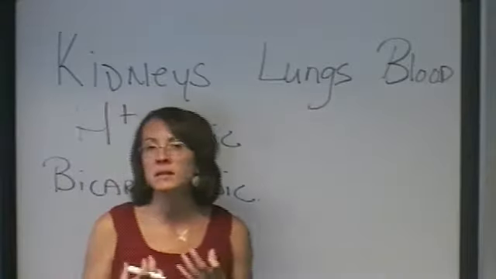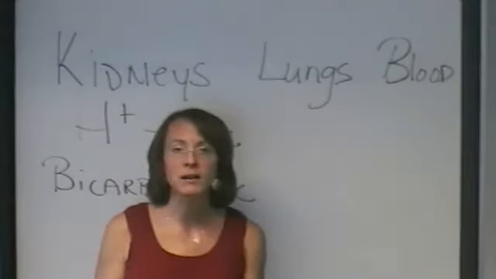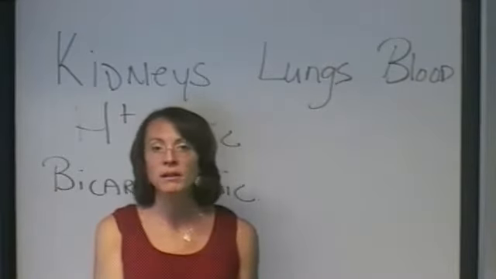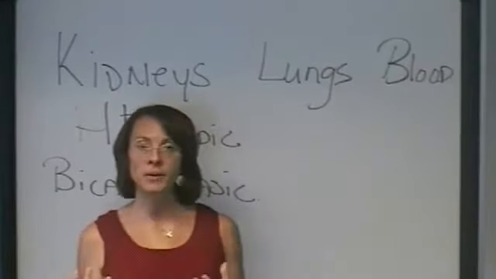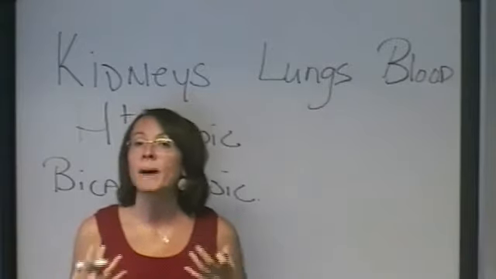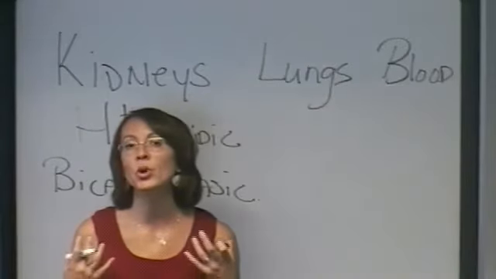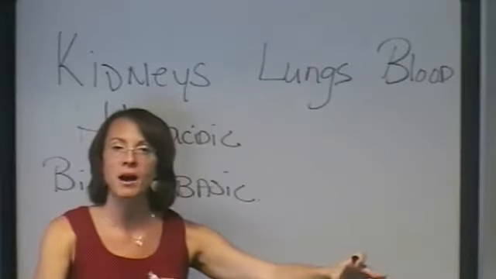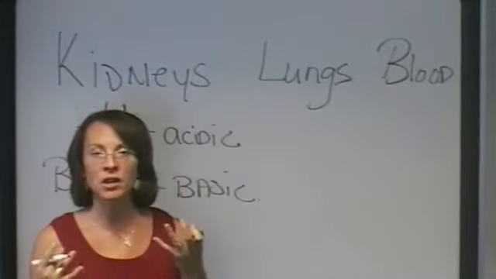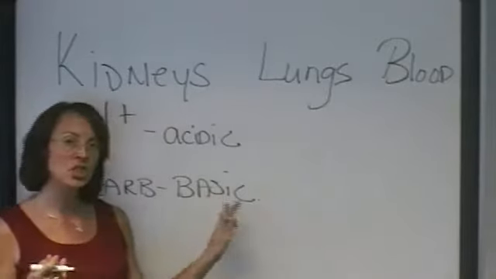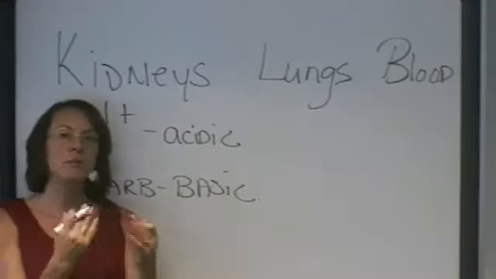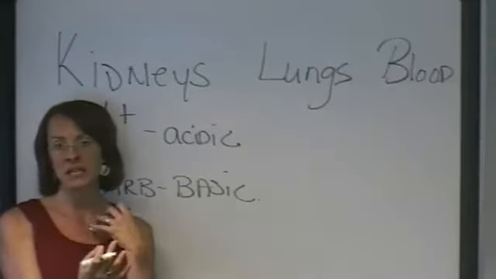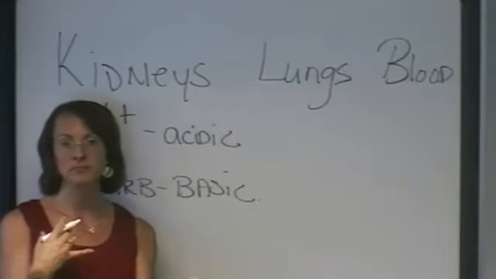If our body senses that we are too acidic, our body will release hydrogen ions into the urine, and it will retain bicarbonate ions. If our body senses that we are too basic, it will release bicarbonate ions and retain hydrogen ions. So these two substances will be opposite each other, okay? They will release one and retain the other and vice versa.